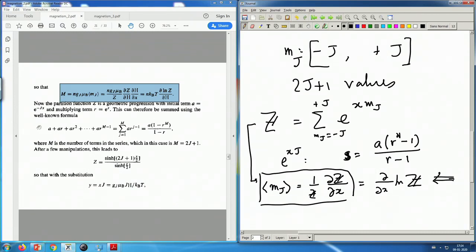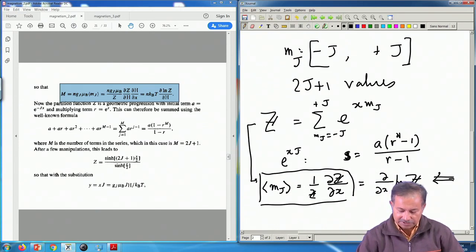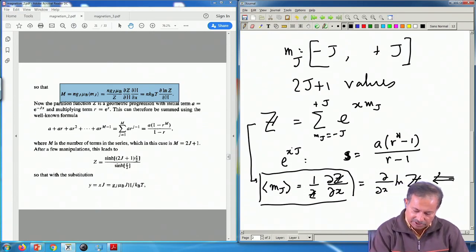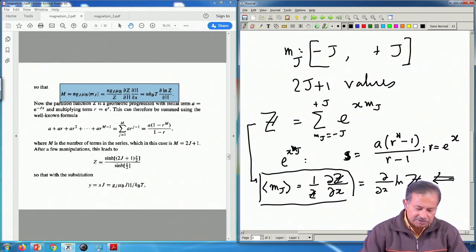This is the series with r equal to e to the power x. Every time you change j by 1, mj changes by 1, and so your r here is e to the power x. That is what gives you Z, and then Z will give you the magnetic moment.